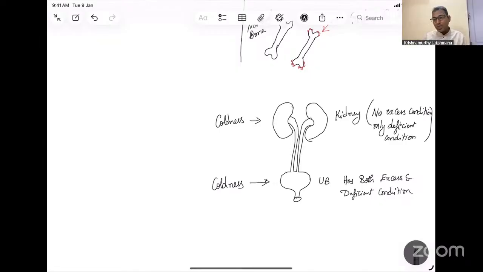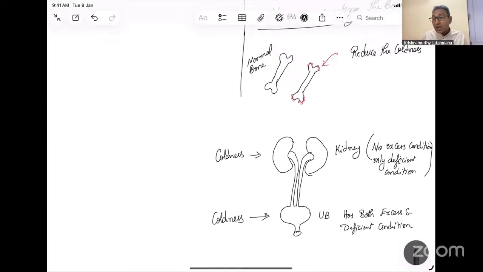We will have to use UB, because UB has an excess condition. Through UB, if there is excess cold, I can reduce the excess cold, and that should help reduce the rough edges of the bone.